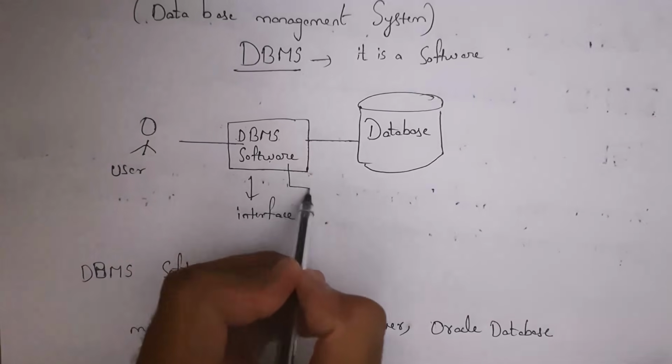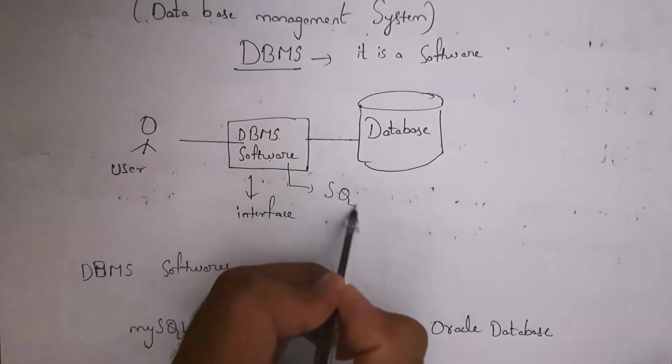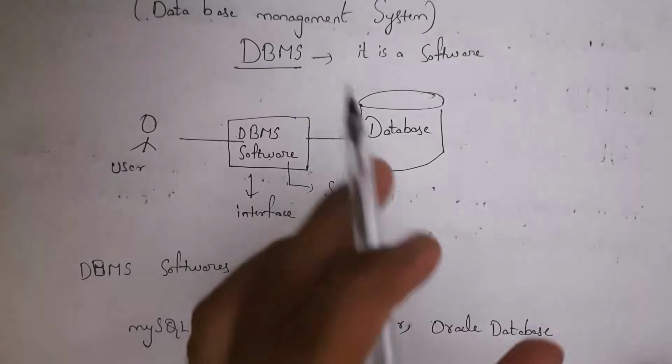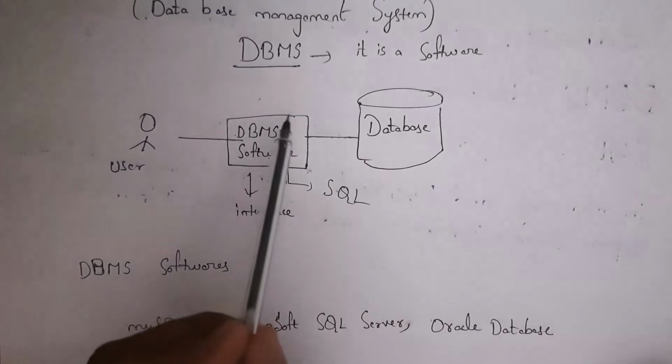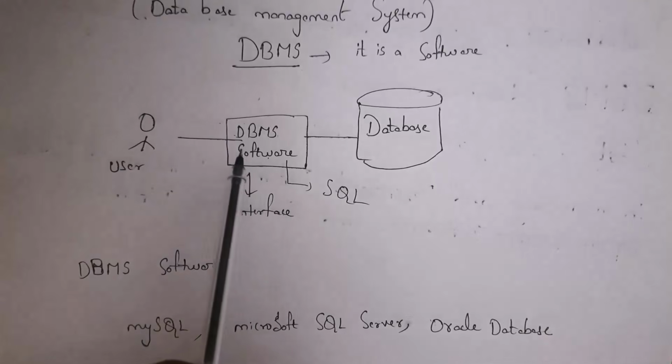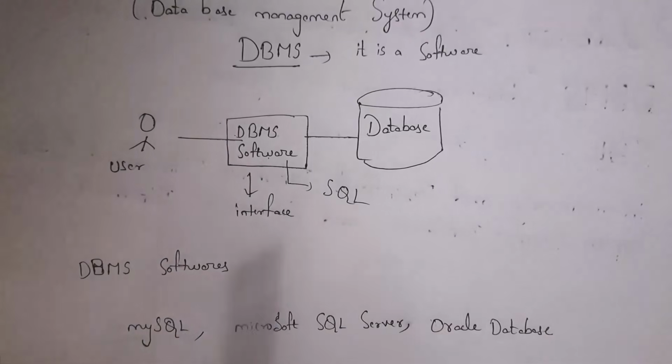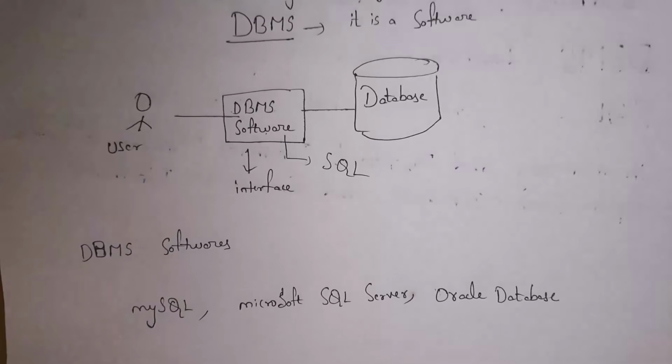Inside this DBMS software, we need to use SQL, that is Structured Query Language, in order to perform these operations. So this database management system software acts as an interface between user and database. Some of the most common database management system softwares are MySQL, Microsoft SQL Server, and Oracle Database. These are examples of DBMS softwares.